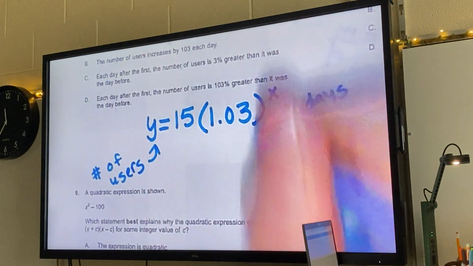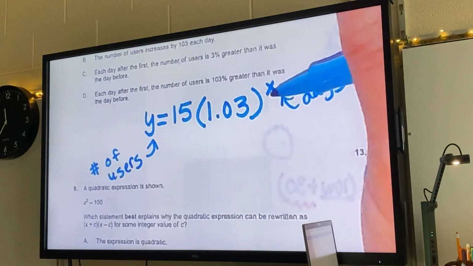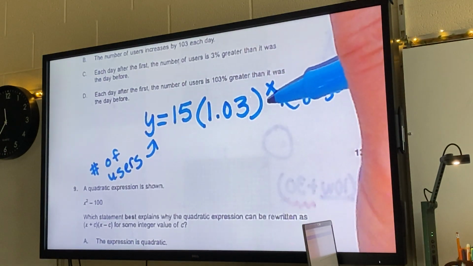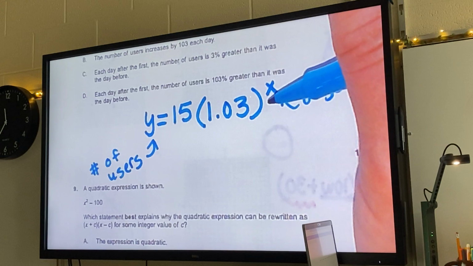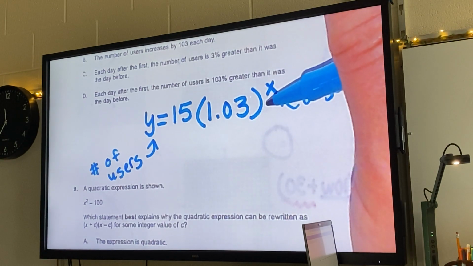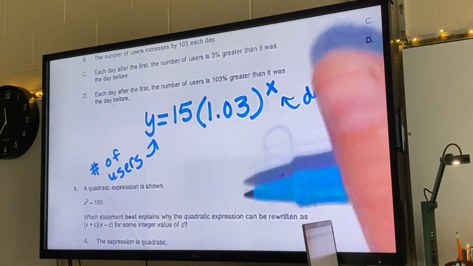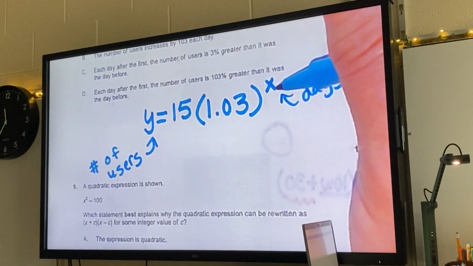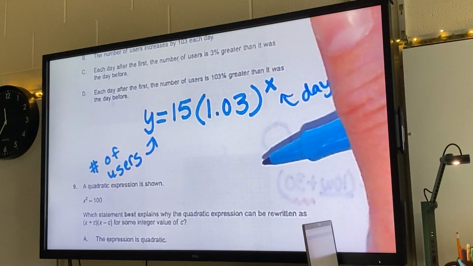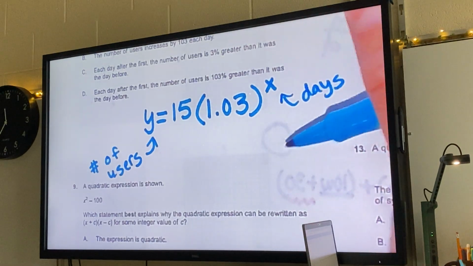What kind of function is this with the variable in the exponent? We just talked about it. What kind of equations have the variable in the exponent? Exponential, right?